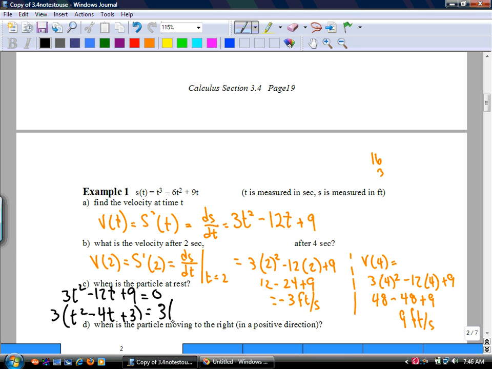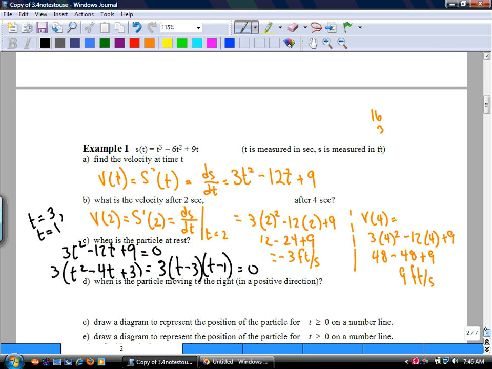Factor that: 3 bracket t minus 3, t minus 1. So the particle is at rest at t equals 3 and t equals 1.